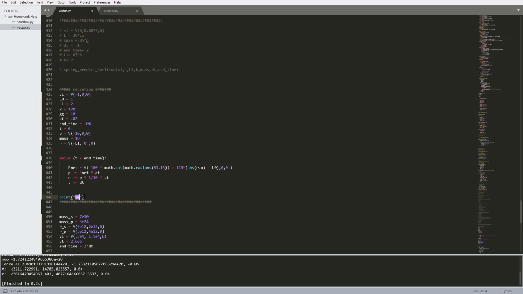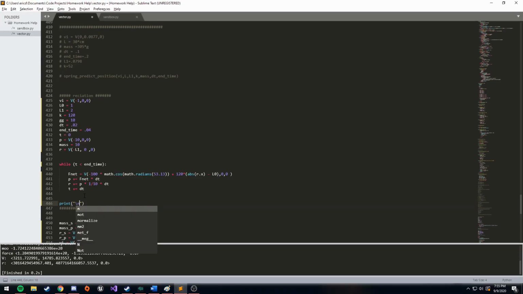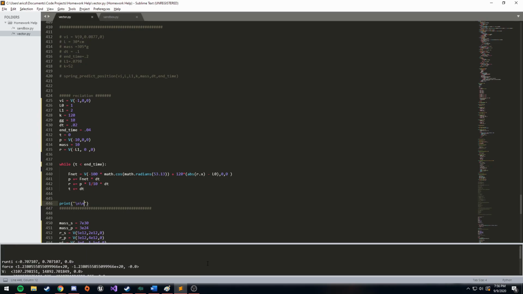Like in my calculator? Yeah, try it out. What did you guys get again? For the Y component, 14785. And then for the X? Well, I got 3211, but she got 3002. Okay, interesting.